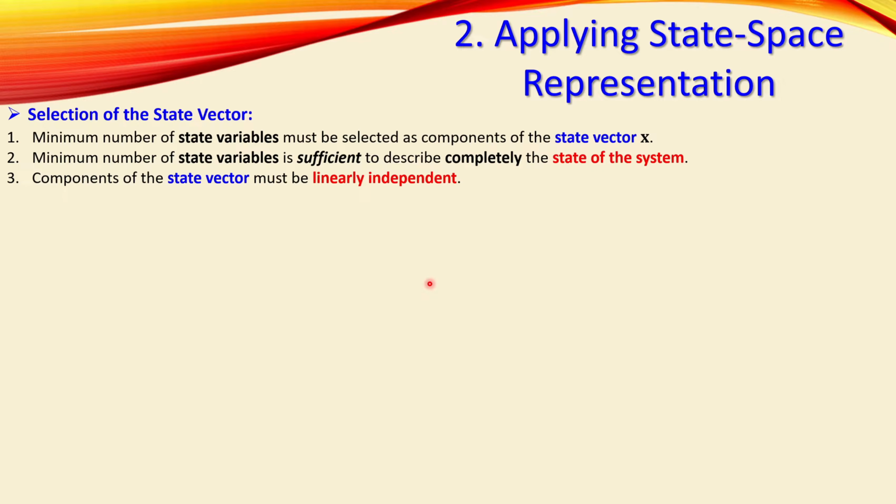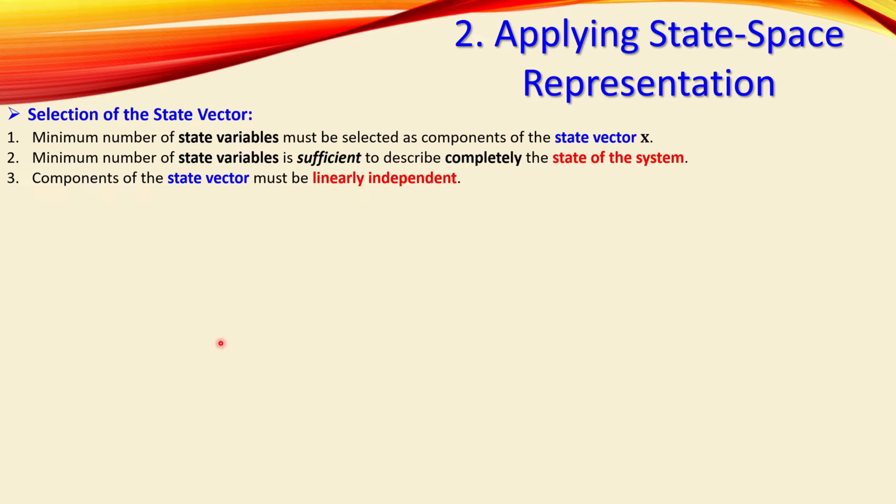As in linear algebra, we have a vector that has its own components. Of course, we need to discuss this later in great detail. What is the minimum number? It has a direct link with the order of my dynamic system. So the minimum number of state variables is sufficient to describe completely the state of your system.